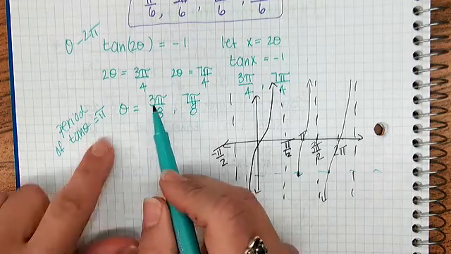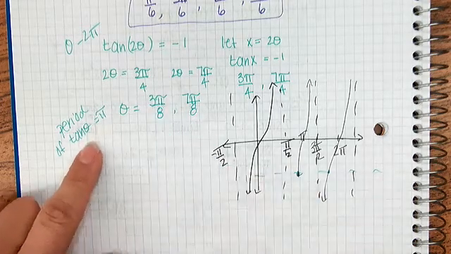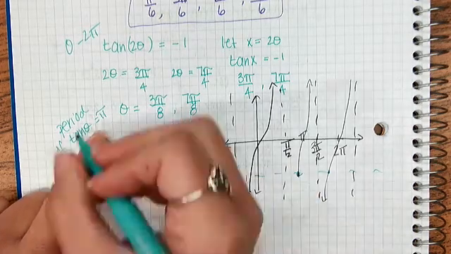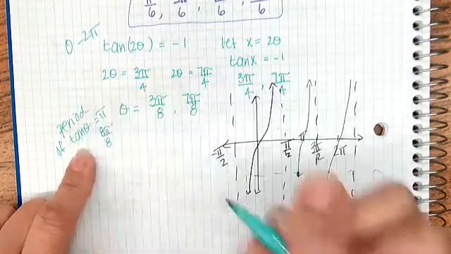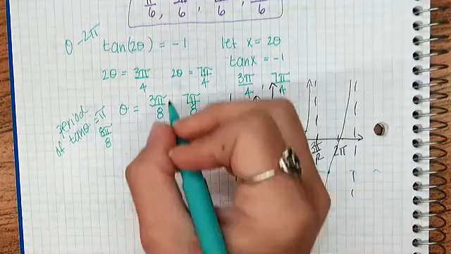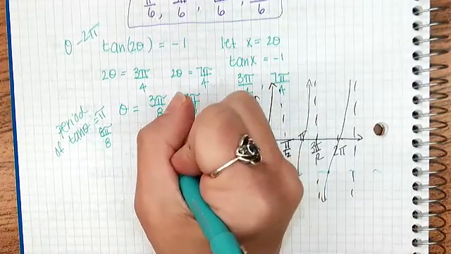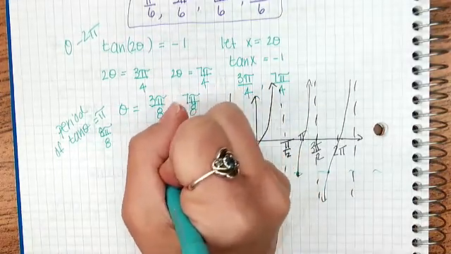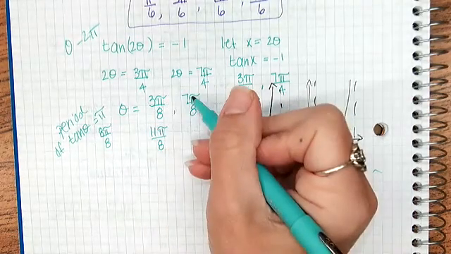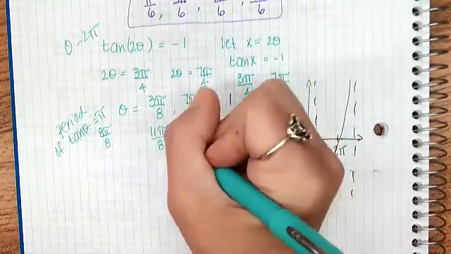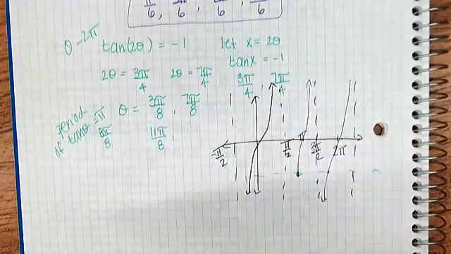So 3 pi over 8 plus my period of pi, that's the same thing as 8 pi over 8, I'm now also going to have an answer of 11 pi over 8. I'll show you why this works. 7 pi over 8 plus pi is 15 pi over 8.